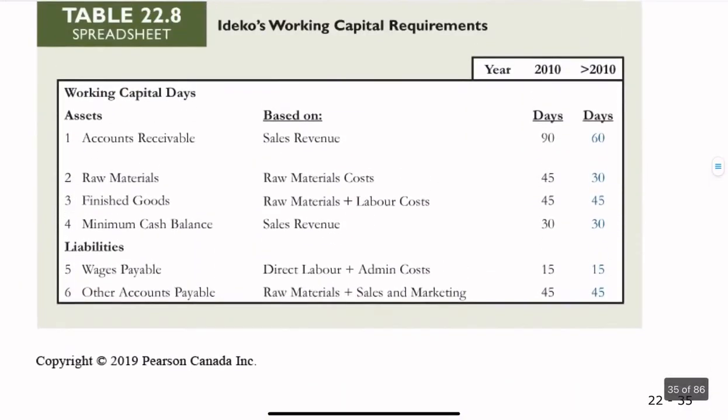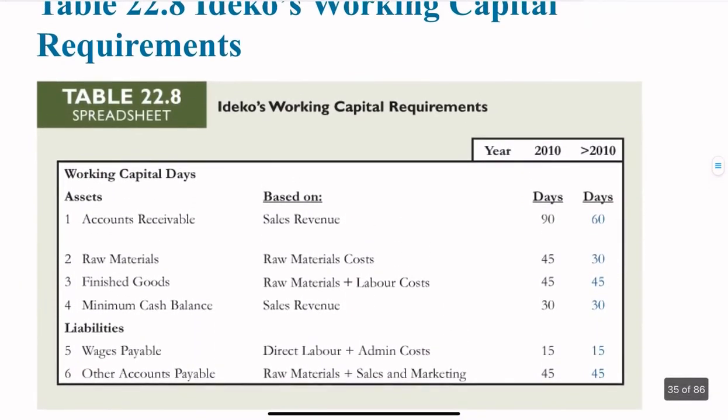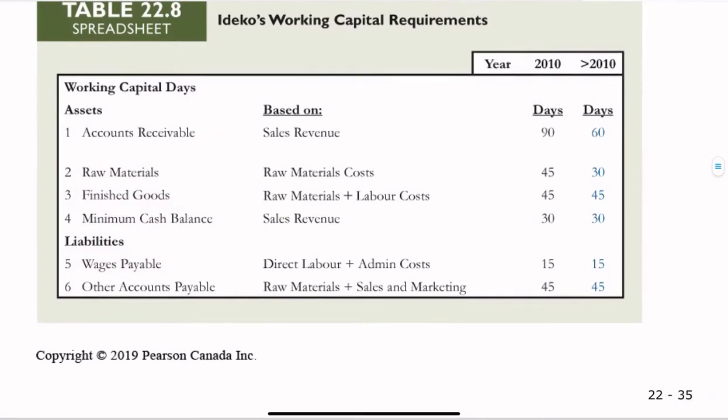Okay, now let's see what kind of improvements we're having here. So originally, we have these working capital days. And you can see that we have different kinds of calculation here. So we have 4 different types of days for the current assets. And then we have 2 kinds of days for the current liability.